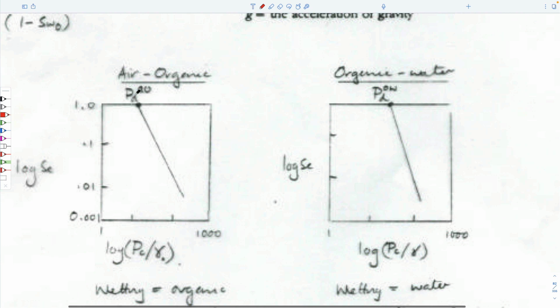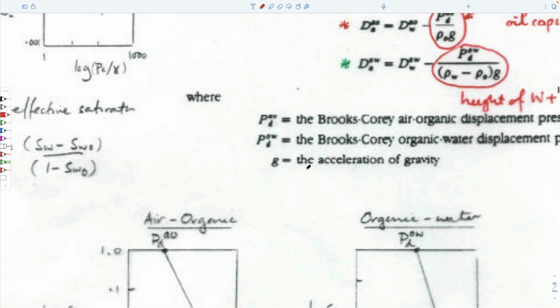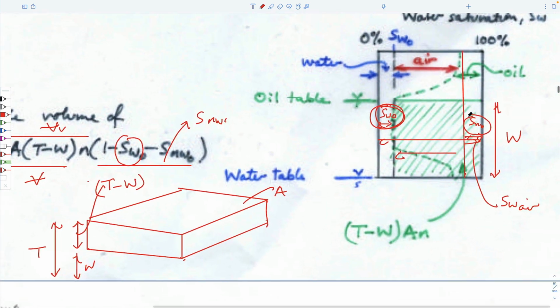And then they define the bubbling pressure and the distribution of the saturations. We could do it for air and the gasoline, and we could do it for the gasoline and water, and we could combine those to be able to reconstitute these capillary pressure curves top and bottom of the column.